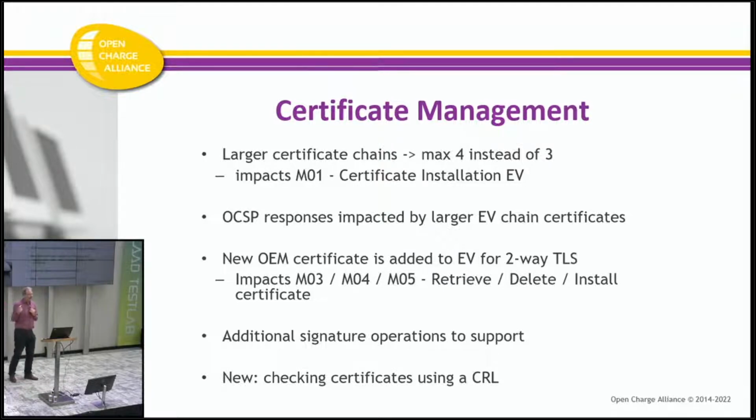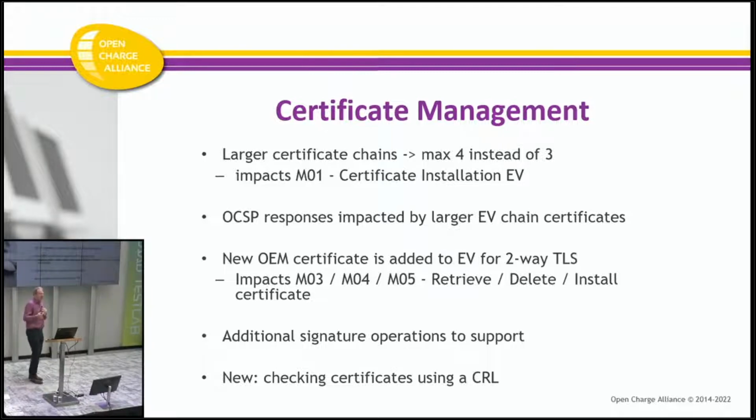Then there's the two-side TLS, which is now on the vehicle to charger side. On the -2, there was a one-side TLS, so the server certificate was on the charger side, and the vehicle didn't have a certificate. This is now also added to TLS, which means that the car now also has a client certificate.